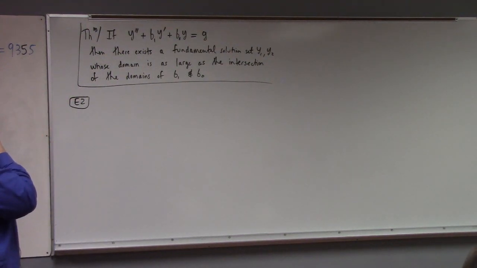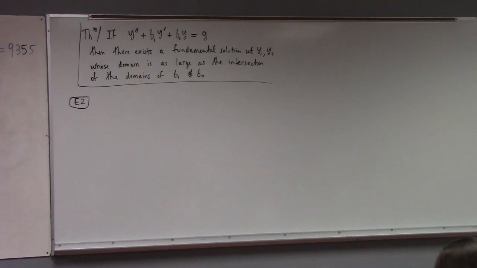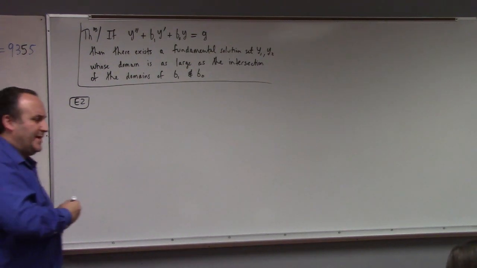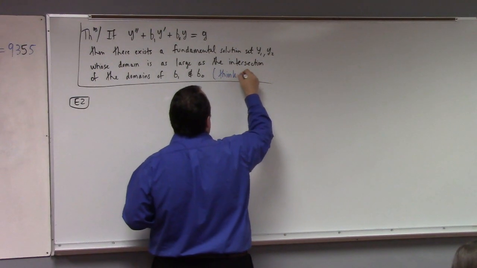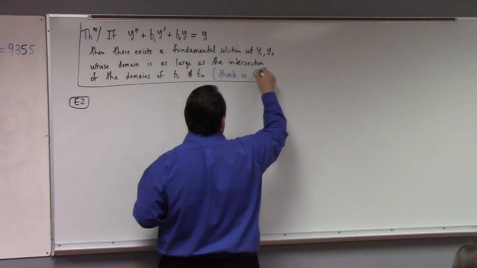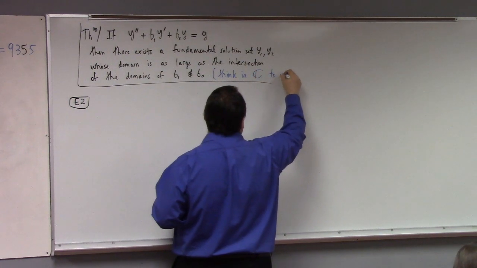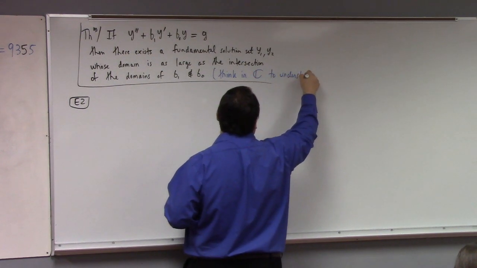let's see here. Well, I guess this is true. What I wrote is true, but we'll really need to take a complex perspective. We're going to have to think in C to understand this.